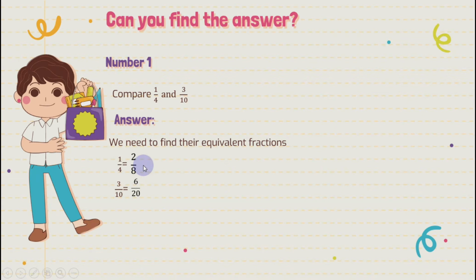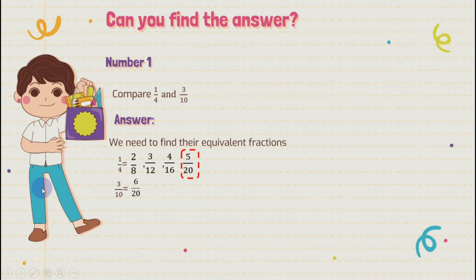We need to find equivalent fractions for 1/4. Times 3 equals 3/12. Times 4 equals 4/16. Times 5 equals 5/20.